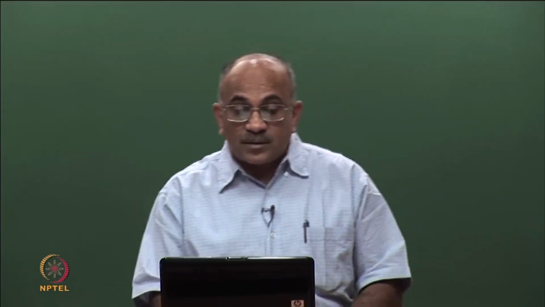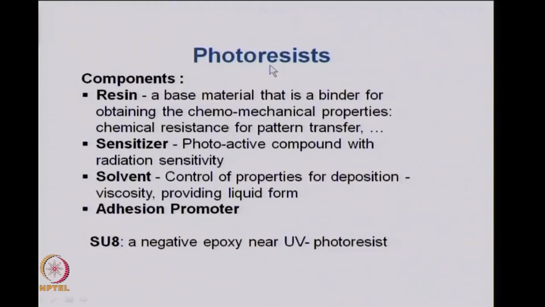Now, before we go to the different types of photoresist, a typical photoresist consists of the following components. One is the basic resin. It is a material that is a binder for obtaining certain chemomechanical properties, certain strengths, certain flexibility and certain chemical resistance for pattern transfer.